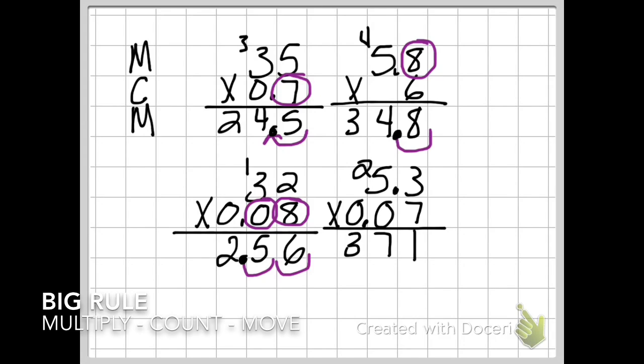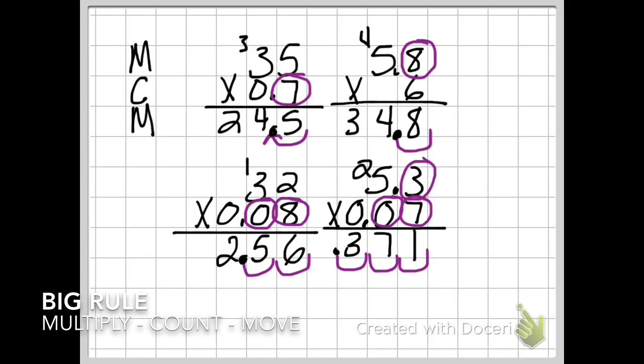Now I go to my count step, so I'm done multiplying. 5 3/10 has 1 digit to the right of the decimal point. 7/100 has 2 digits to the right of the decimal point. So I have a total of 3 digits to the right of the decimal point, which means I'm going to move my decimal point 1, 2, 3 spots to the left.